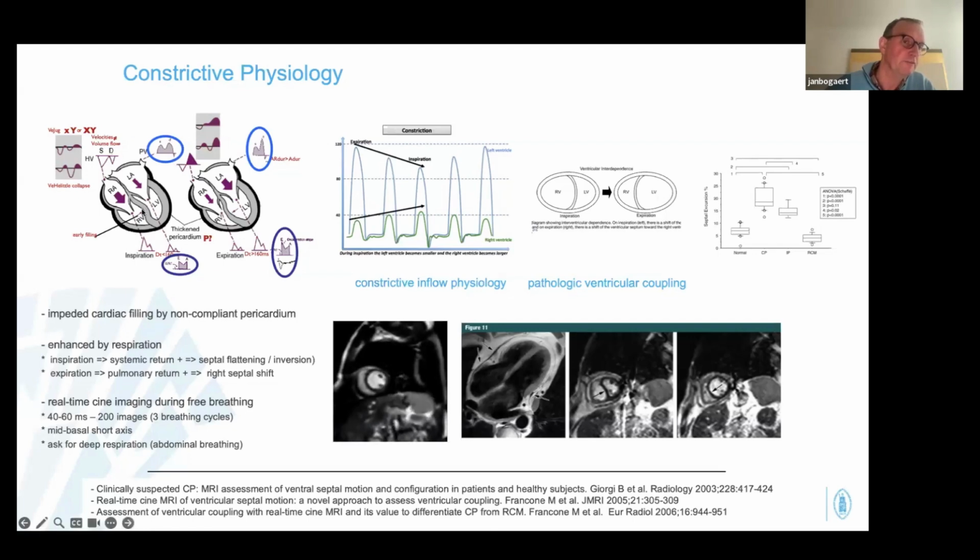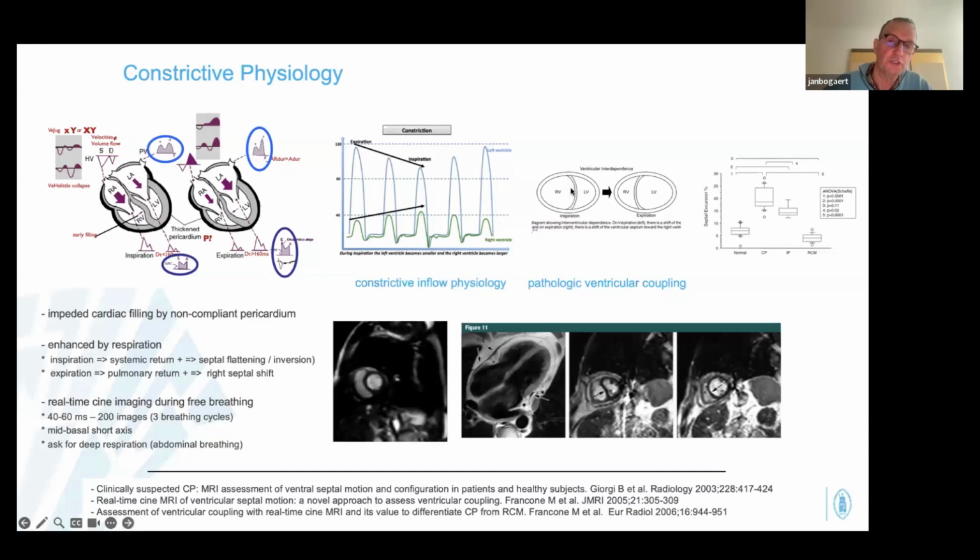So you create a leftward shift and inversion of the septum. This typically occurs during onset of inspiration, during diastolic filling, and then rapidly decreases, and during expiration, because of the enhanced left heart filling, the opposite happens.